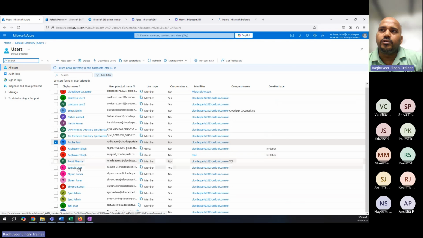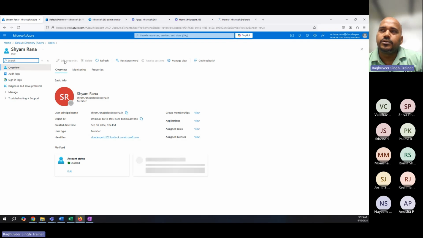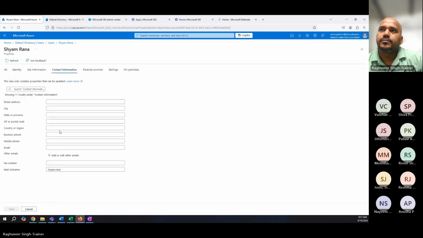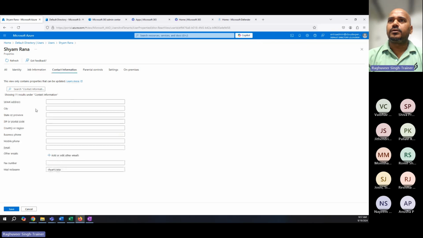Similarly, if I go to another user, let's say Shyam Rana, this user doesn't have a city mentioned here. This user also doesn't have a department. Let's say the department is cloud operations for this user also. And city, let's say Delhi.